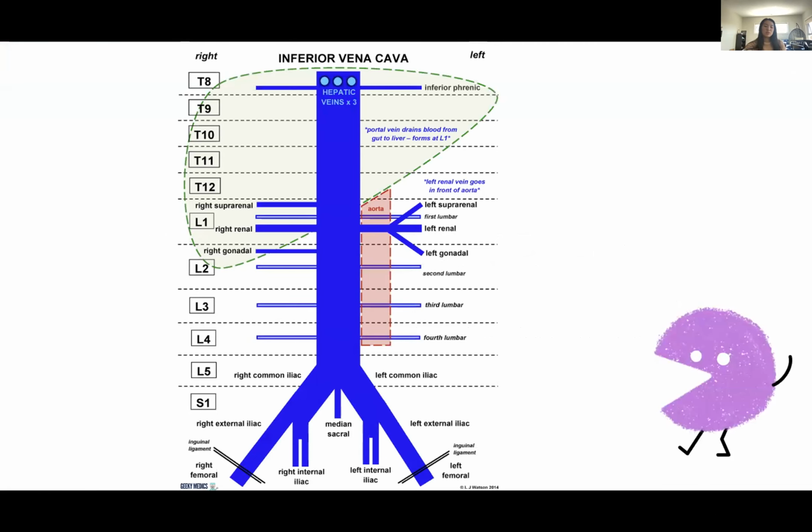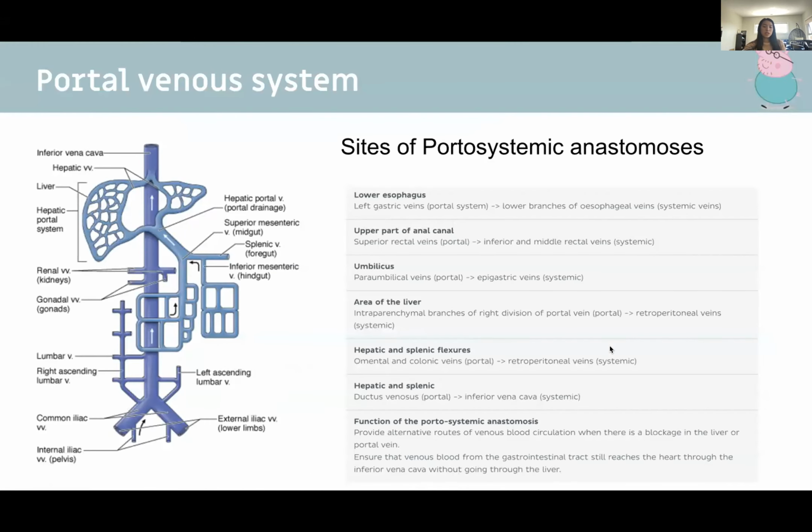Learn this. It's not too high yield, but learn it. Especially the kidneys, and also the bifurcation of the abdominal aorta into the common iliacs. Okay, this is what I was talking about before, so I do mention it a bit more. This is the portal system. Do learn this. I think they do ask about it once or twice.